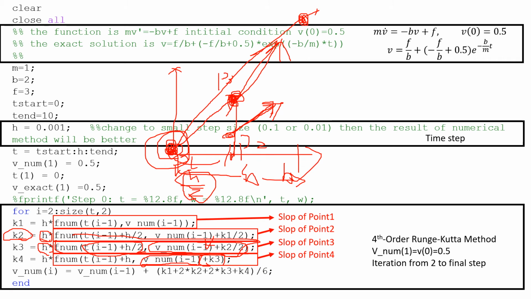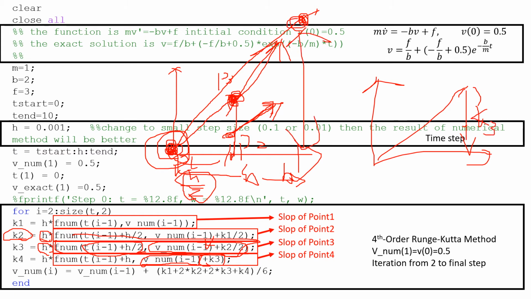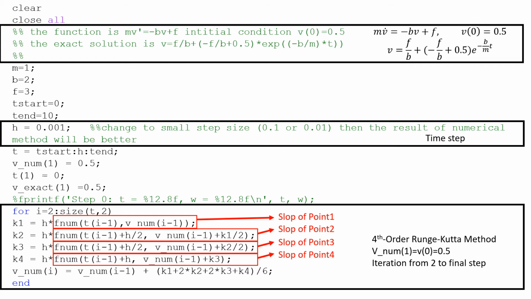This part will be the slope multiplied by duration, so I will add K3. I will get this one. So I fit here the velocity value, and also the time. The time is t, the previous point plus h. Then I can get the slope in P4. So I get the 4-point slope by these 4 equations.